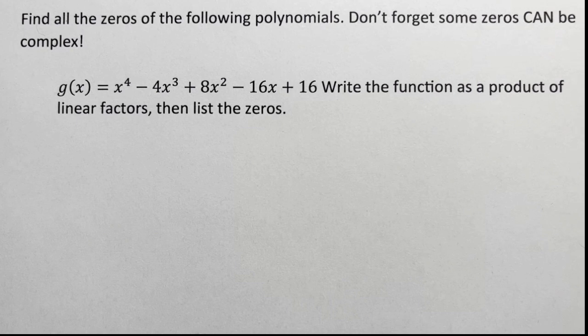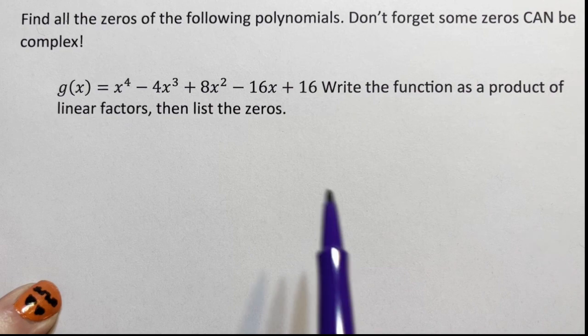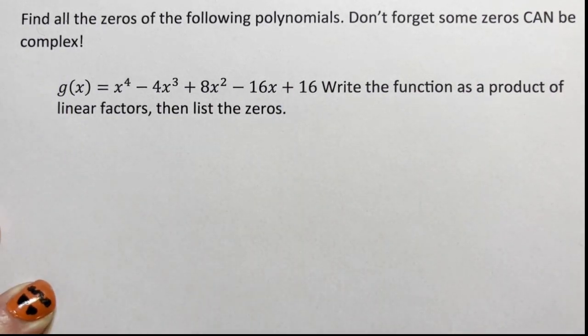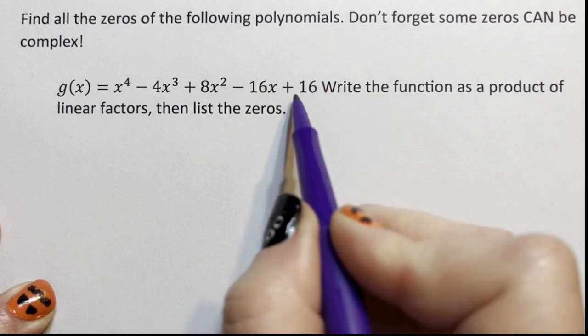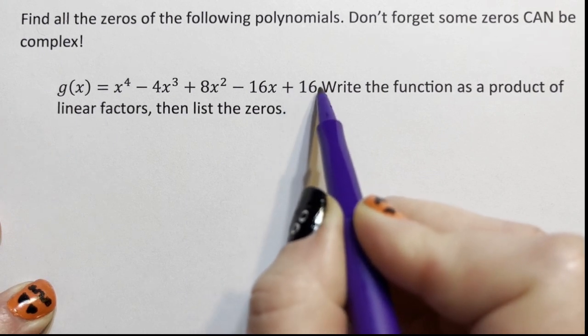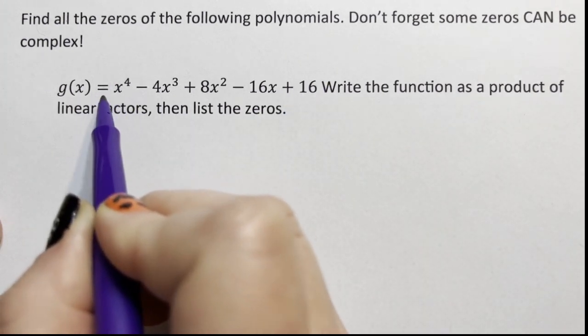So the only thing we can do to start us out is realize that some zeros can be complex, and we don't really have much help there. But if there are real zeros, they're going to be a ratio of the factors of 16 divided by the factors of 1.